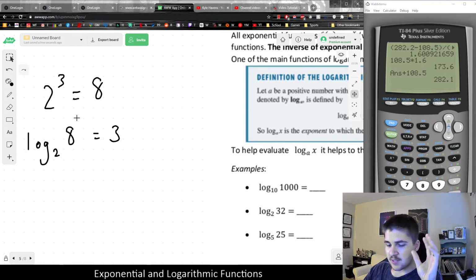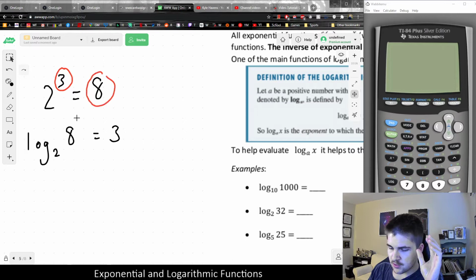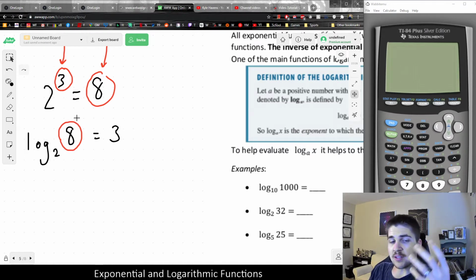But as I was saying, the key thing is that it's the inverse of an exponential function. Usually when we think about 2 to the x power, we have our domain and range. Within a logarithmic function, the input is going to be the exponential expression, and what we get out is the respective input.